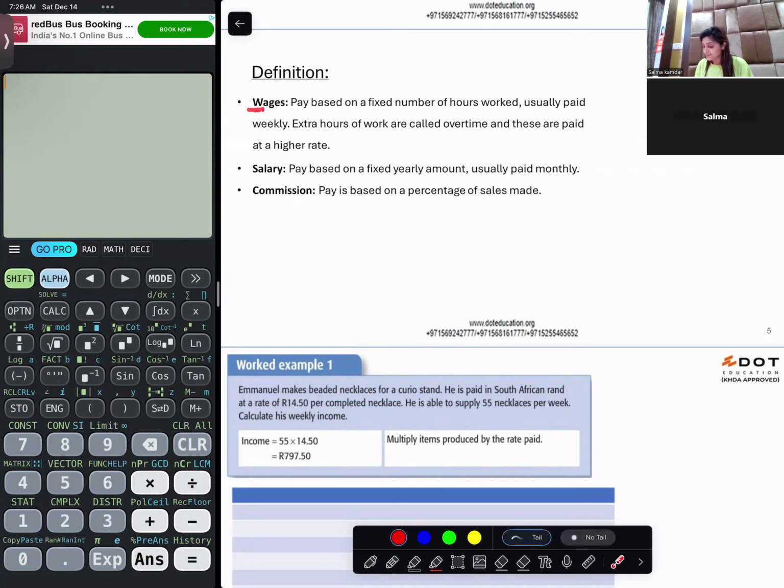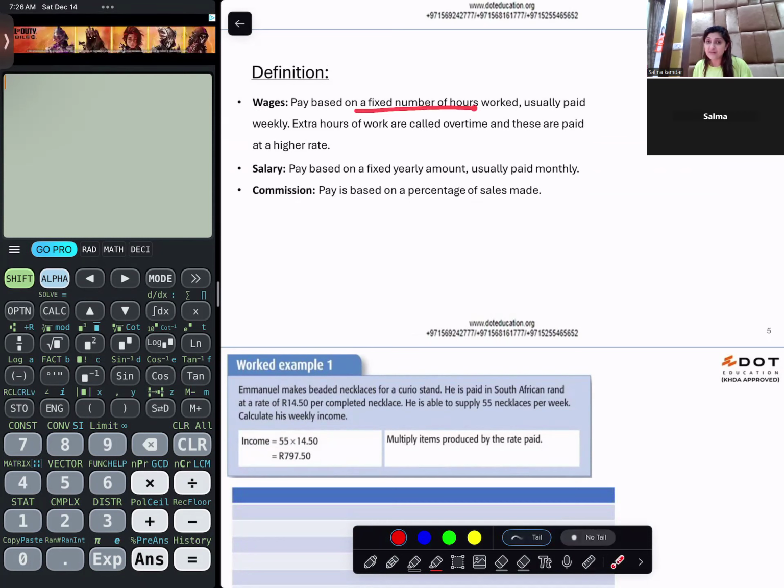What is wages? When you pay on a fixed number of hours worked. For 1 hour, you will pay $5. For 2 hours, you will pay $10. So when you pay money for the hours worked, it is called wages. And these wages you can pay weekly, monthly, or quarterly, depending upon you.